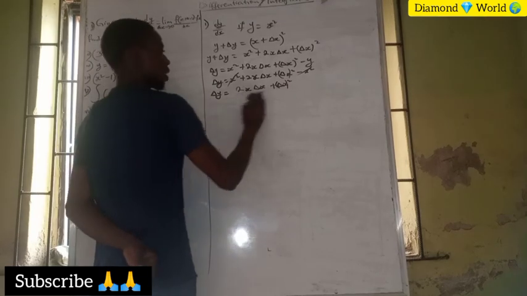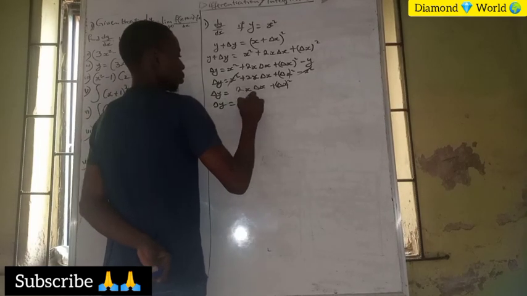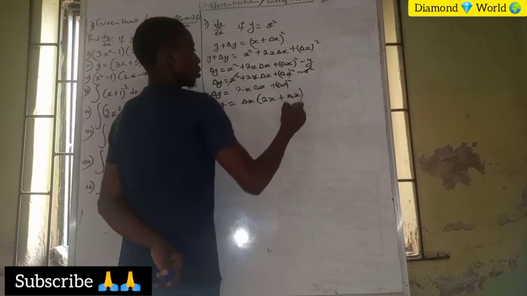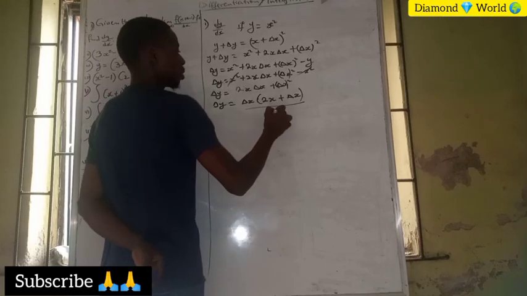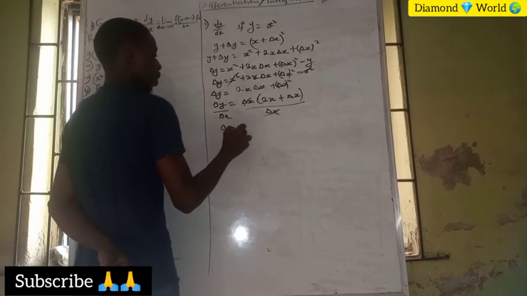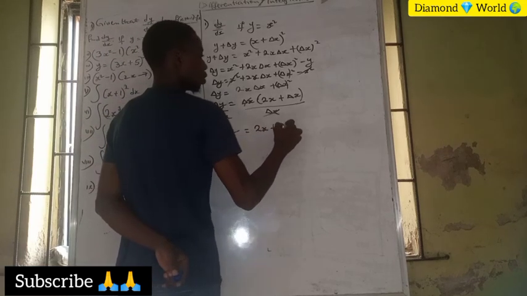Now there is something that is common, let's bring it out. Change in y equals change in x into bracket 2x plus change in x. So let's divide by change in x. So we have change in y over change in x equals 2x plus change in x.